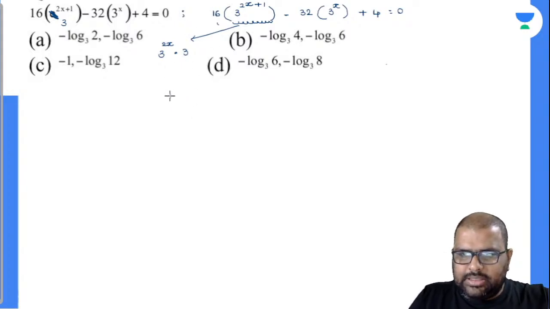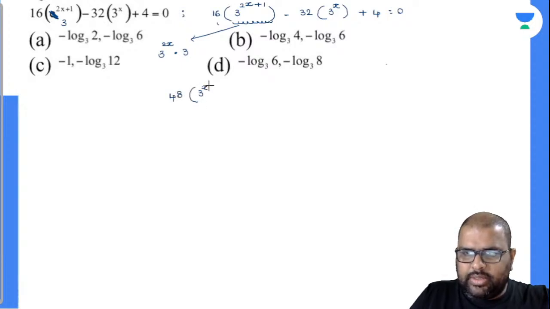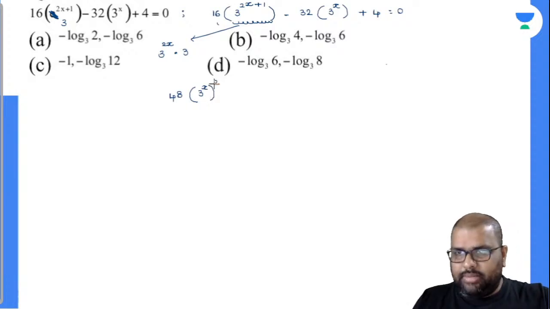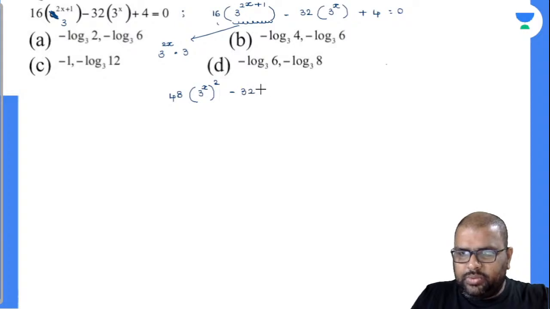Observe, can I write this equation as 48 into (3 to the power of x) whole square, minus 32 into 3 to the power of x plus 4 is equal to 0.